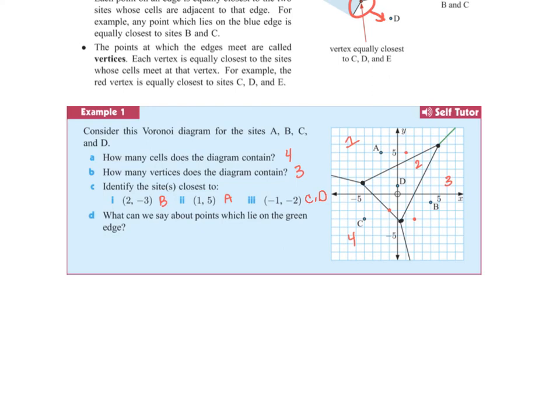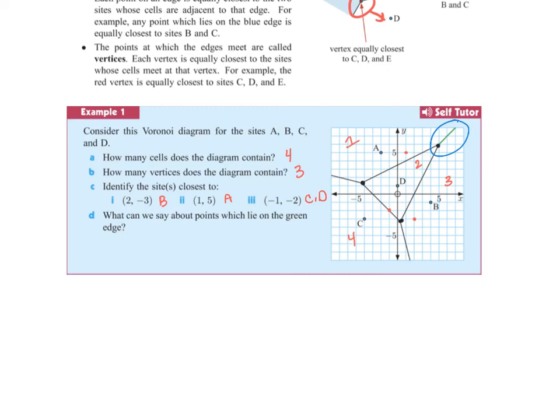And then what can we say about the points which lie on the green edge? So this green edge here. Pause the video if you haven't already done so and answer this question. All right.